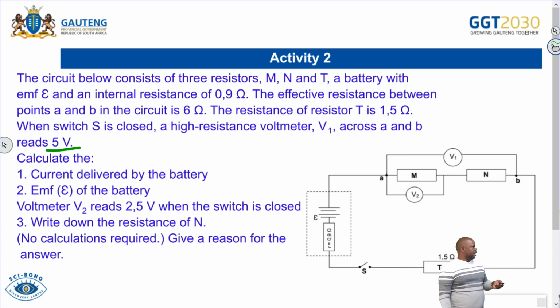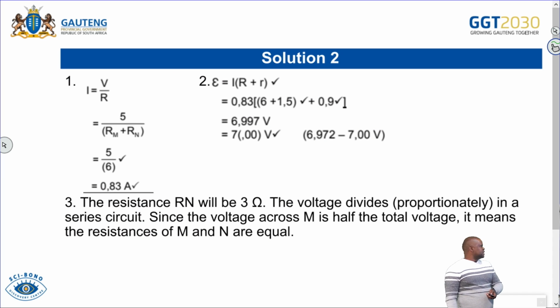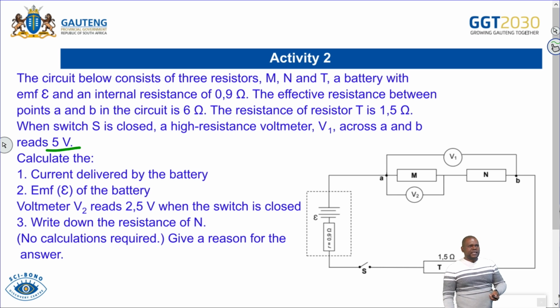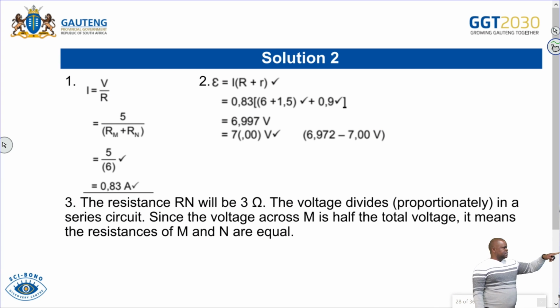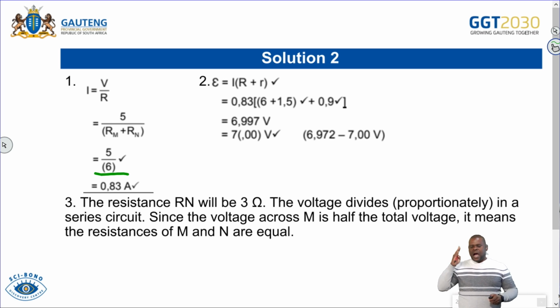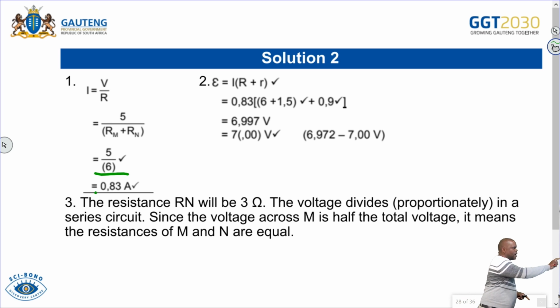Yes, we're given that voltmeter 1 will read 5 volts. Then by using that, we're saying RM and RN. When they are together, we're given that it is 6 ohm. That is where we get this 6. This 6 that you see here is the resistance of R1 plus R2, because they're connected in series. Now, when you say 5 divided by 6, it gives you what?